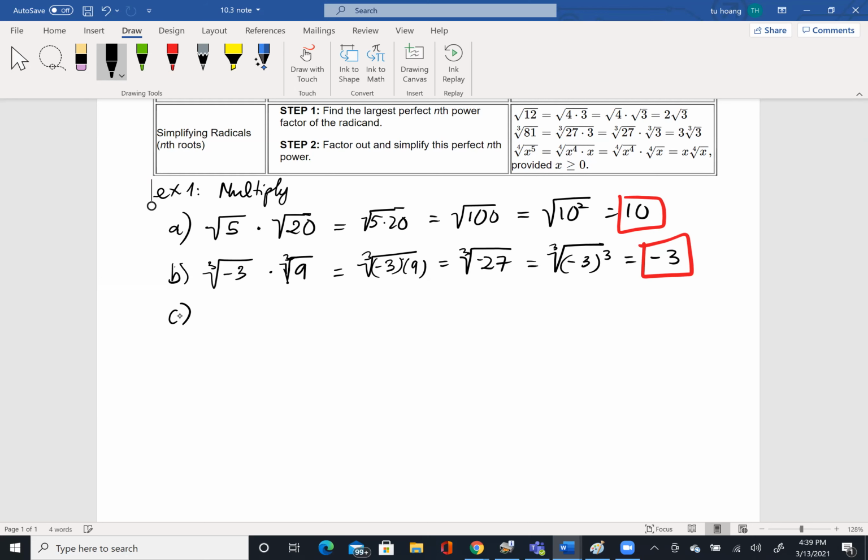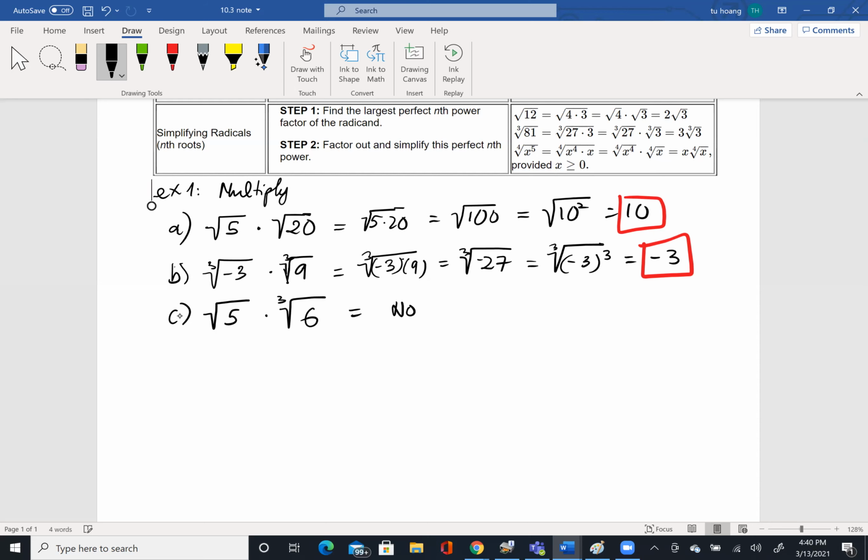So you see, let's say square root of 5 multiplied by cube root of 6. Okay. So can you do this multiplication?